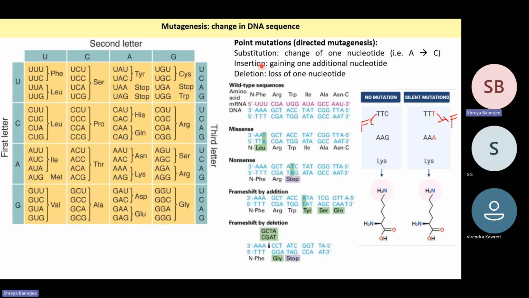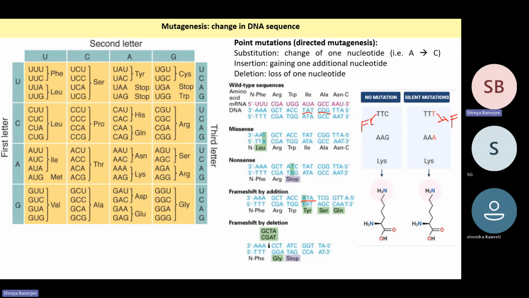Now, another kind of mutation can be the insertion mutation, where a nucleotide is inserted. So here you can see it was TAT. Now, before this T here, an A is inserted. So because of that, what will happen? Here it was TAT, CGG, so on. Now, because an A is inserted, the codons become different.